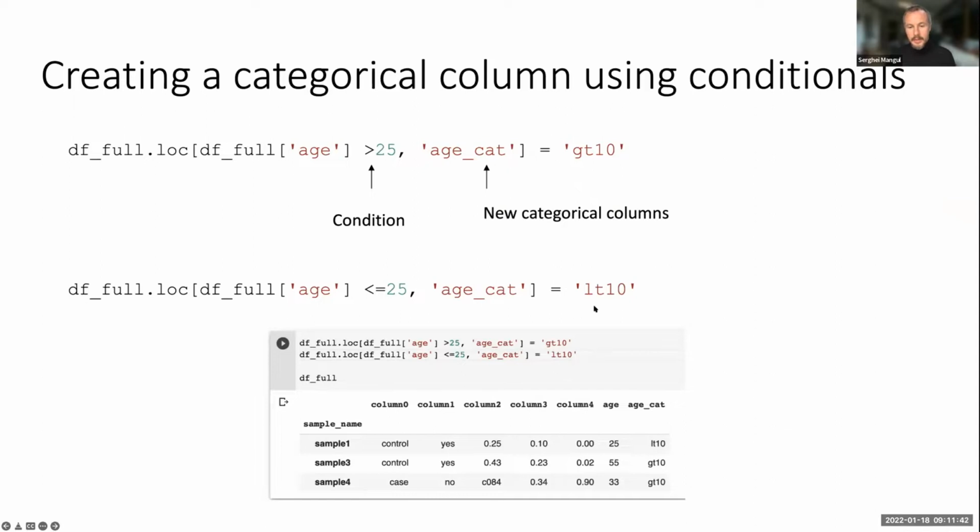So what we would like to do is add a new column, which will have two strings or two names. We'll say GT10, which is age greater than 25, and LT10, which is age less than 25. Here it's just an abbreviation. You can say anything you would like, that's just a string which you invent. You can say what is convenient for you. So this is what we want our output to be.